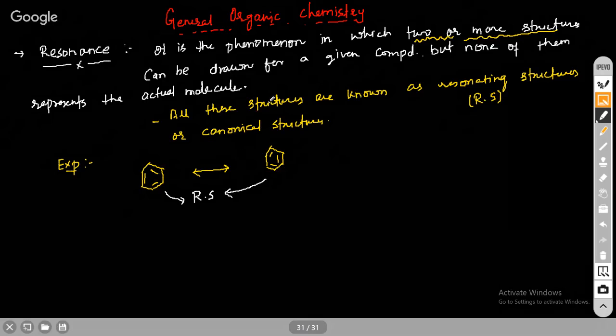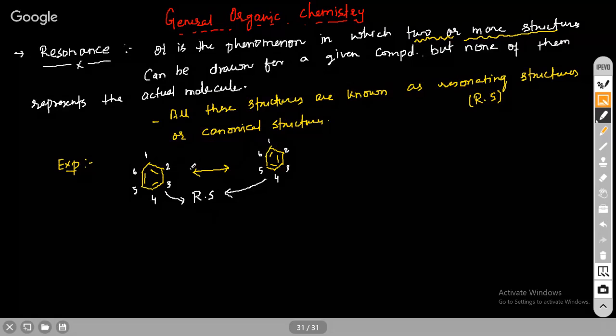They are different structures, because if you do the numbering here, 1, 2, 3, 4, 5, and 6, and in a similar way here, 1, 2, 3, 4, 5, and 6, in this structure the double bond is between carbon 1 and 6, and here between carbon 1 and 2.